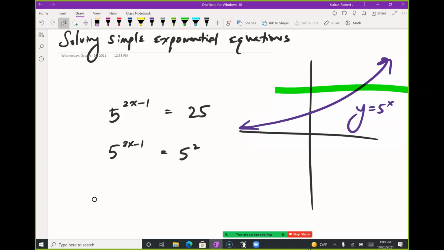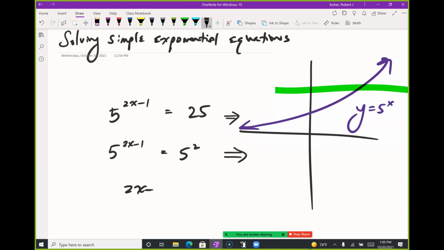So that means since my outputs are equal, what has to be true about the inputs? It's a 1 to 1 function, and I've got 2 outputs equal to each other, 2 y values equal to each other. What has to happen? Powers have to be, that's right.